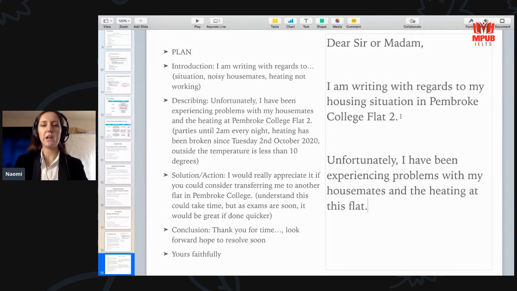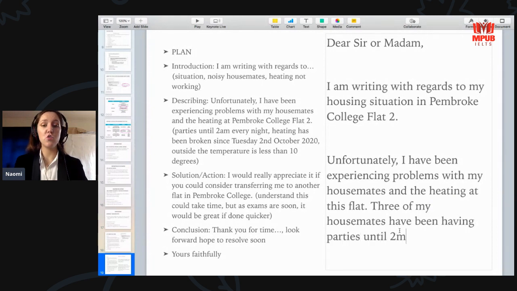I've already mentioned the flat here, so I don't need to mention it again. I'm being very specific here. 3 of my housemates have been having parties until 2 a.m. every night.